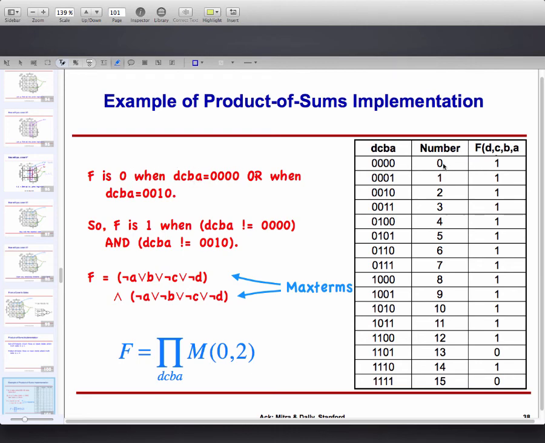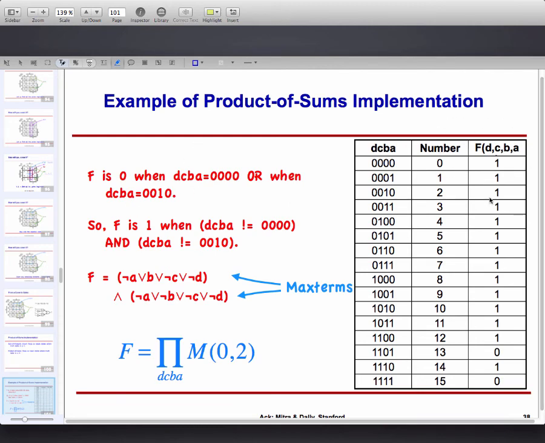So that's this one. Okay, I think my description here is messed up.